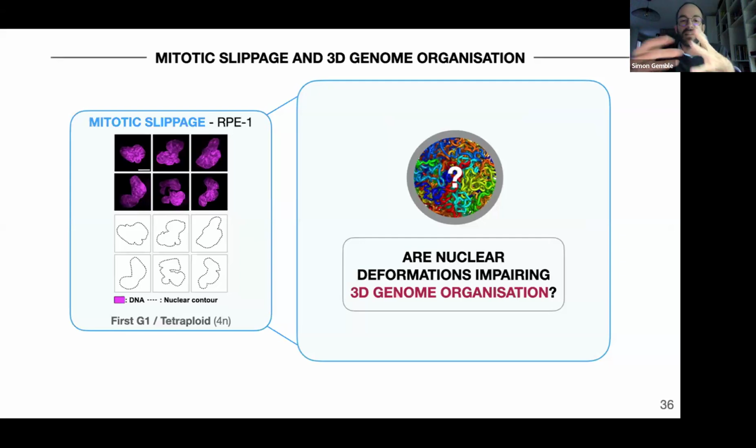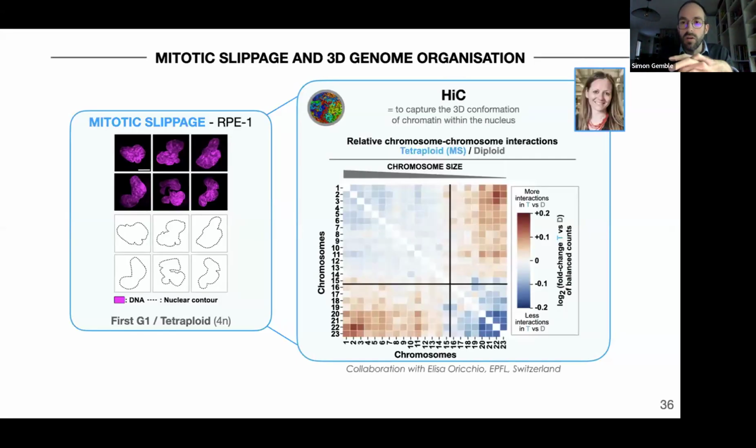So the last question of this part was, are nuclear deformations impairing 3D genome organization? To answer this question, we collaborated with Elisa Riccio to perform Hi-C, which is a method allowing to map the interactions inside the nucleus.